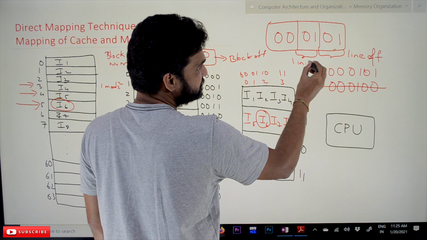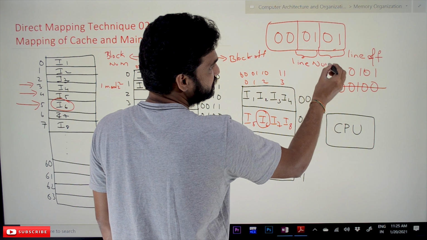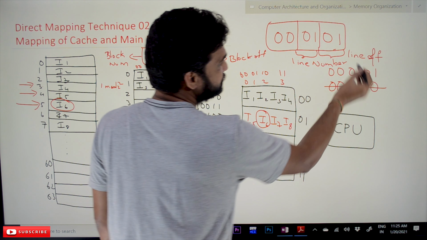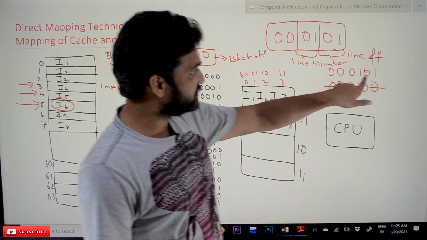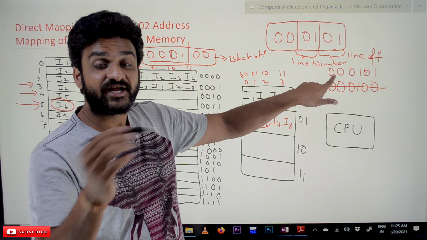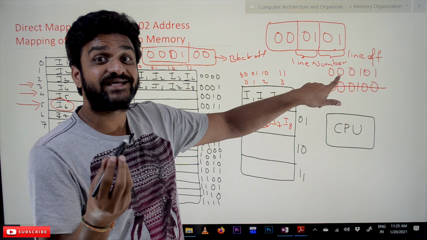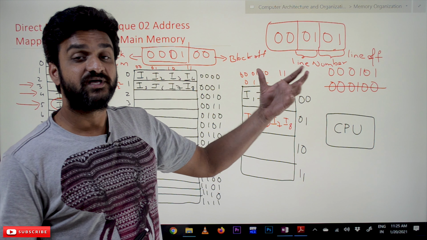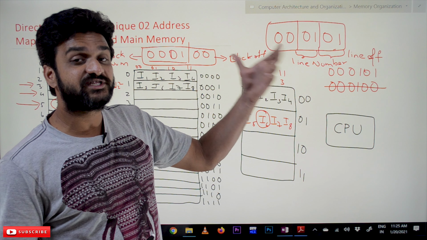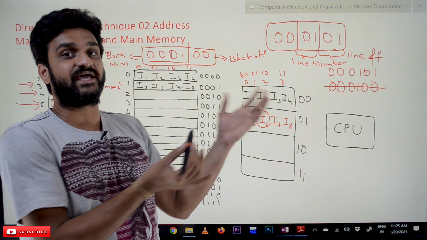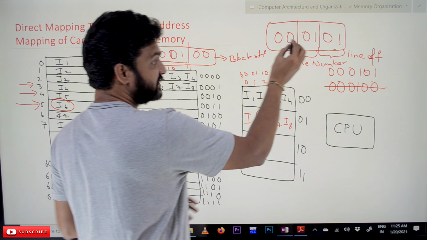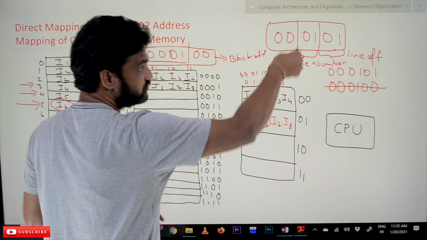Using this same 6-bit address generated by the CPU, we can fetch whether that word is present in the cache memory or not. That is done by dividing this entire address into 3 parts.